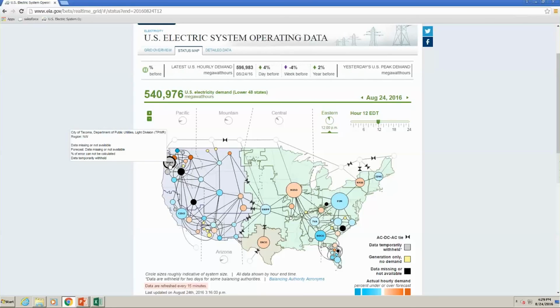And what that means is that the electric system is doing a forecast. The electric system did a forecast yesterday afternoon of what demand would be today. So that's a day-ahead forecast. And they report that to us in the morning of today.